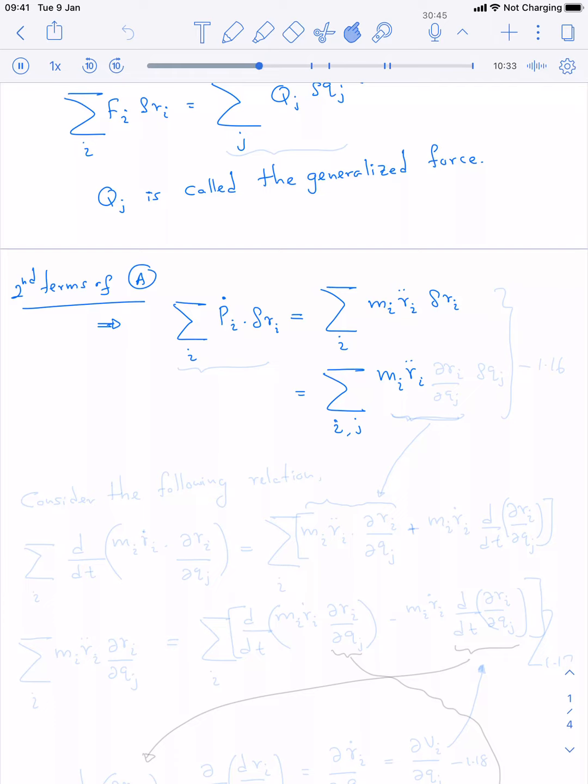Now the delta Ri is equal to dabba Ri over dabba Qj times delta Qj. Let me name this 1.16.